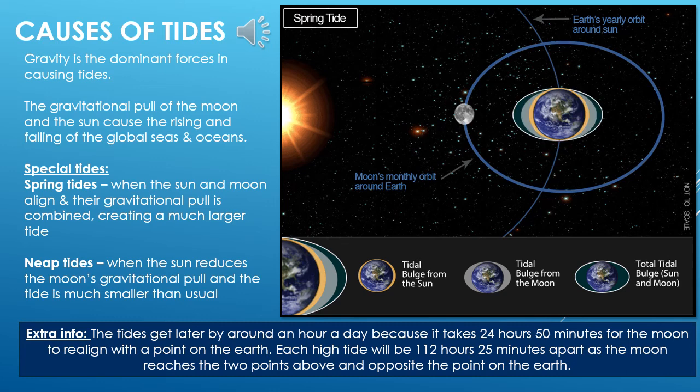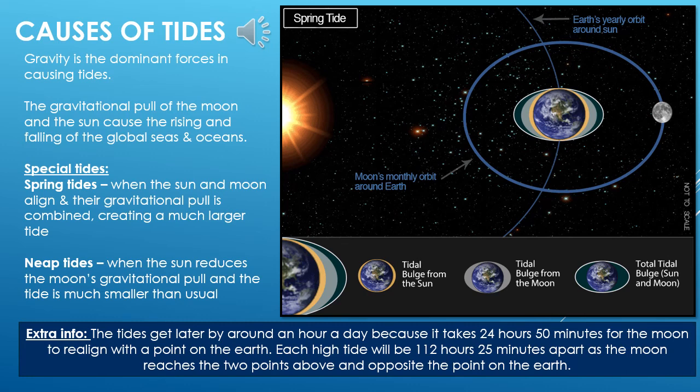So you can see on the picture on the right, a spring tide occurs when the seawater is basically being pulled by an alignment of the sun and the moon, and what that's going to cause is a much higher high tide. So sometimes, for example, in Paignton, the tide's almost up to the height of Paignton Pier, and that's called a spring tide. So basically when the sun and the moon work together to pull the seawater up.